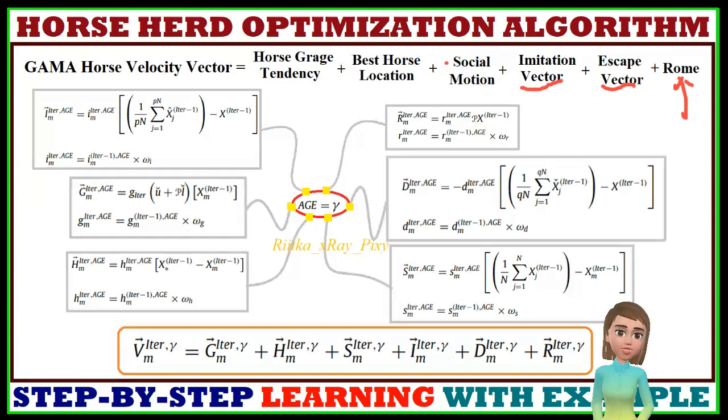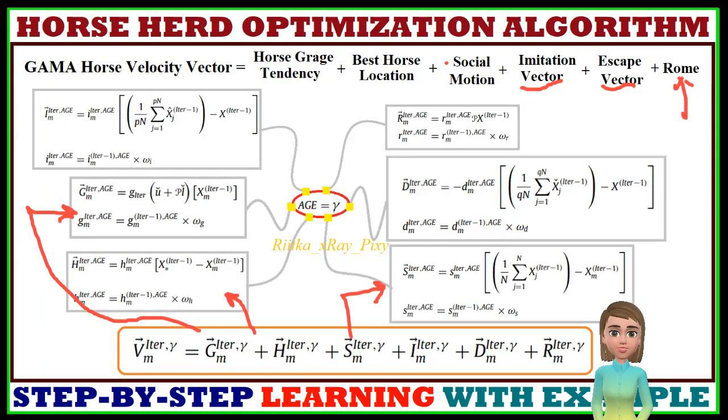So here you can see for grazing this one, for hierarchy this one, and for socialism this one, for imitation as they imitate each other this one, for defense mechanism this one, and for roaming this one.